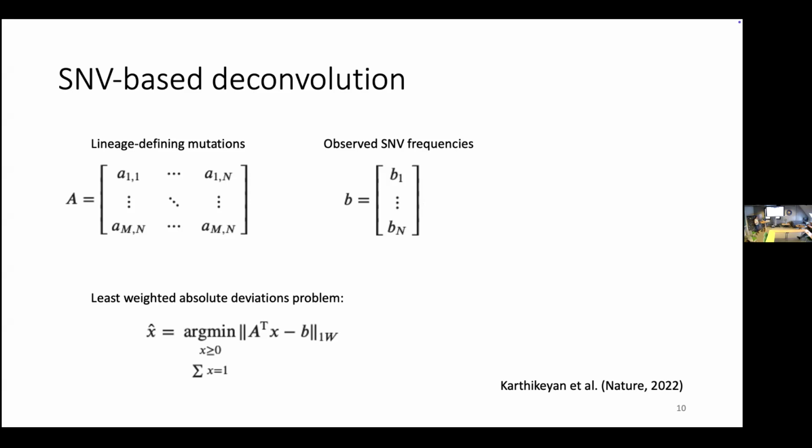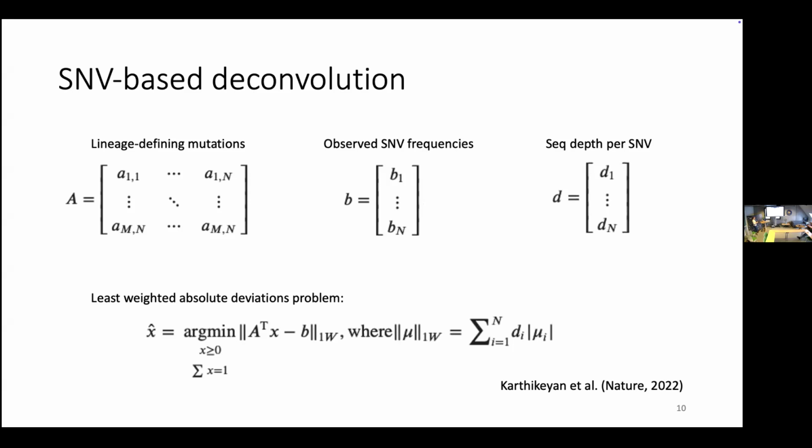And what people then have done is to incorporate some extra information, namely the amount of reads we see for each position. That's called the sequencing depth. So the more information you have for a position, the more important it becomes in your problem. So you can make it a weighted absolute deviation problem. So that's one approach to do this a bit more sophisticated.